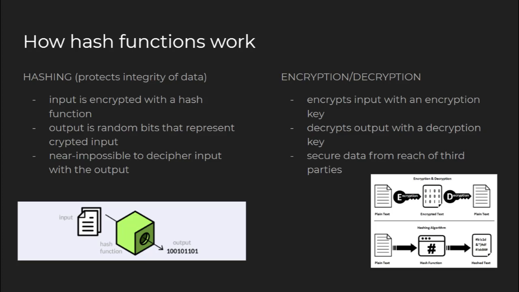So, for example, if person A were to send a message to person B, that message goes through a hash function, and each unique message will always result in a unique hashed code.